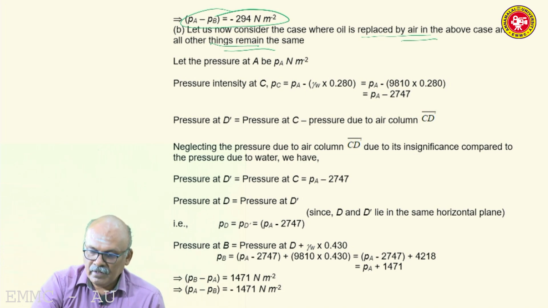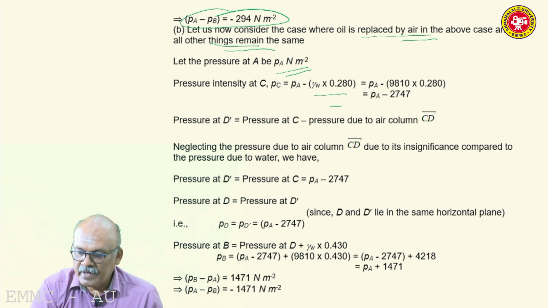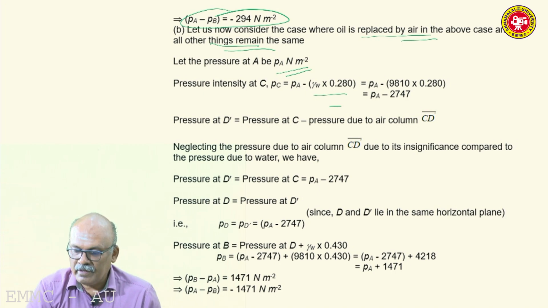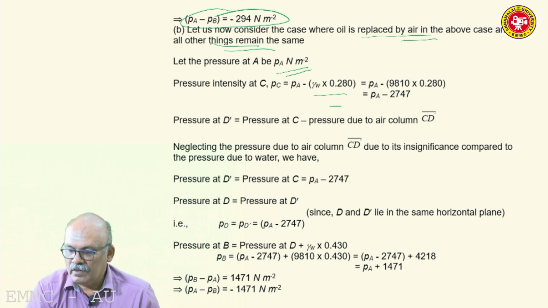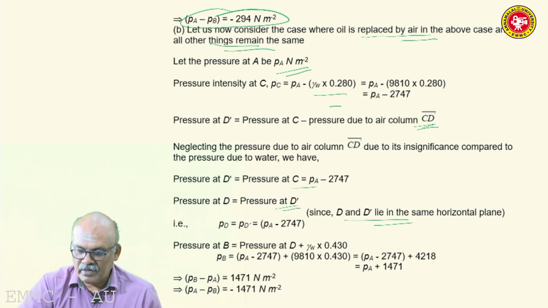So pressure at A, Pa Newton per meter square, pressure at C, this much. Then pressure at D dash, again you are neglecting the air column in CD. So pressure at D dash is equal to pressure at C minus 2747. Then pressure at D is equal to pressure at D dash because D and D dash lie in the same horizontal plane. So there is no difference up to this point.